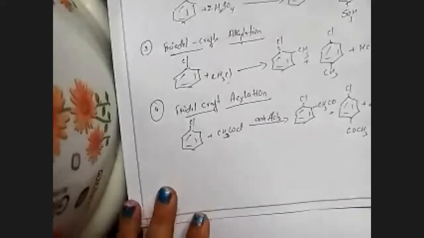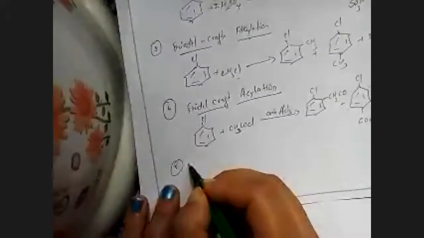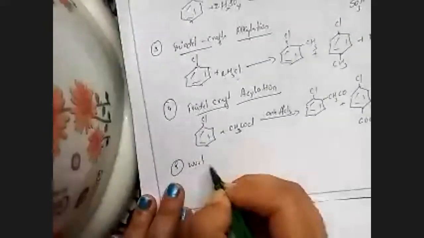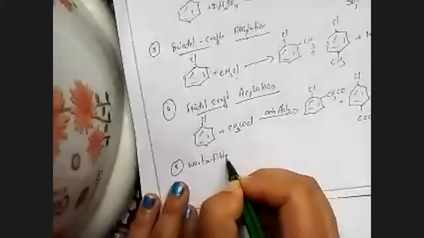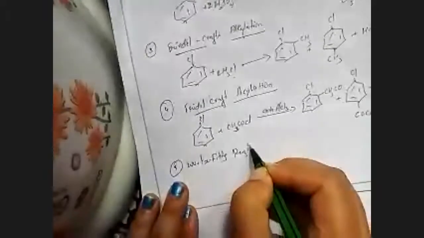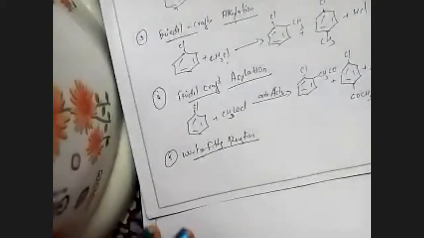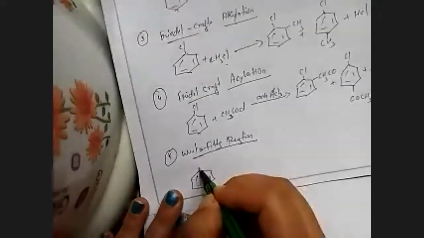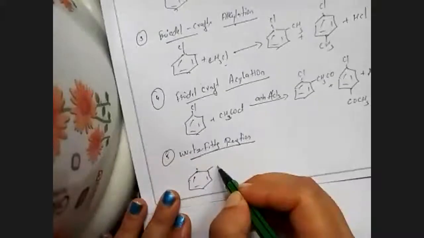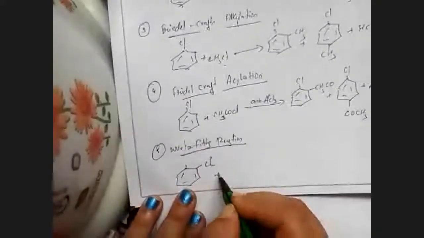Now what happens when it reacts with metal? That is the Wurtz-Fittig reaction. In the Wurtz-Fittig reaction, we take an alkyl halide and chlorobenzene.